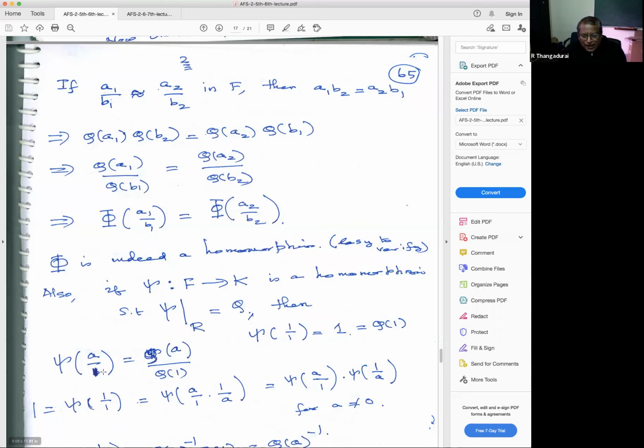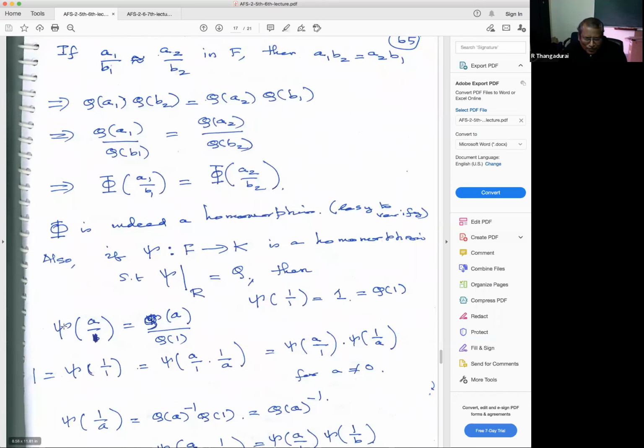Therefore, psi of a/1, where a/1 is the element in F representing the element a of the ring R, is the same as phi of a. Since little phi of 1 is 1, I am just dividing by phi of 1, kind of thing. So we managed to write psi restricted to R like this.